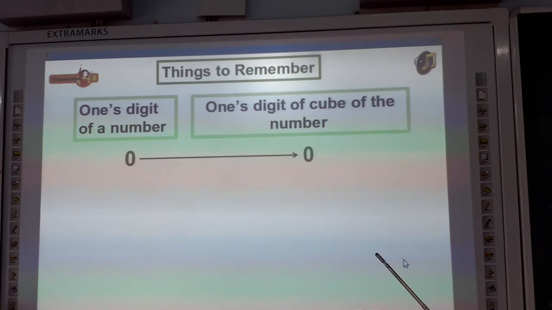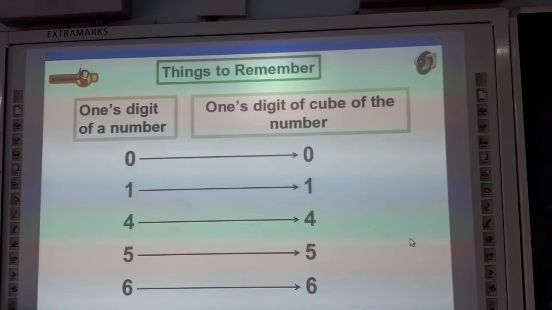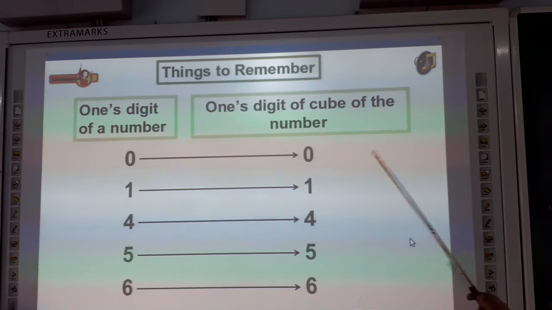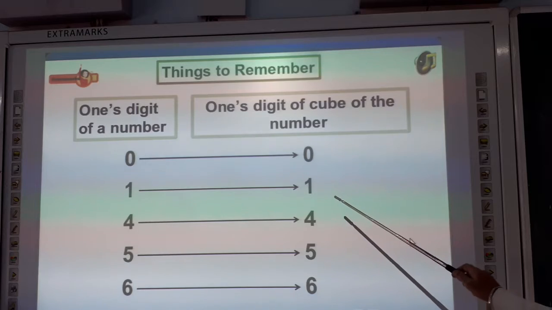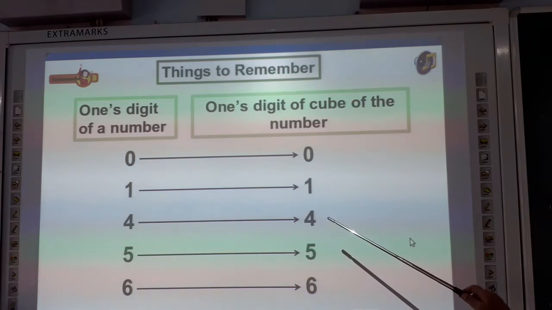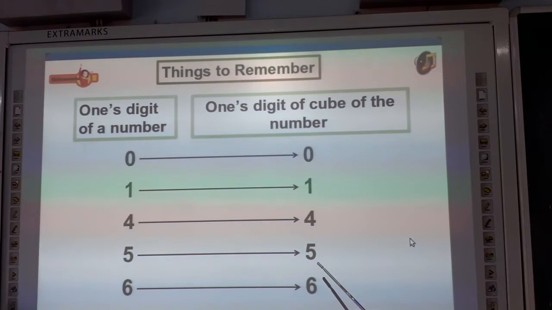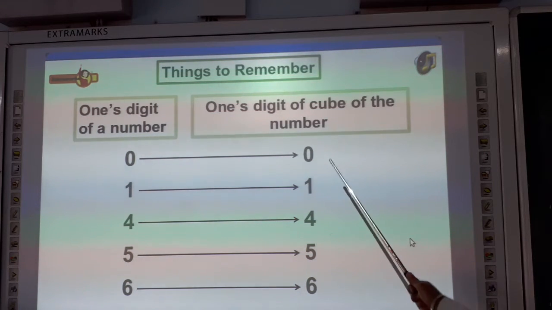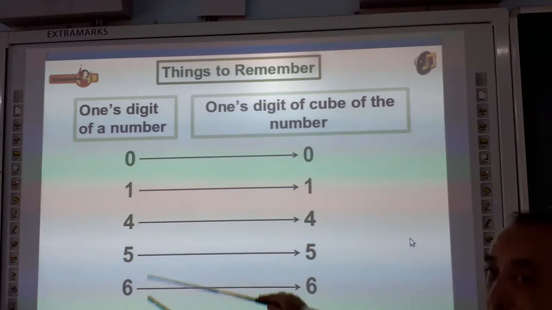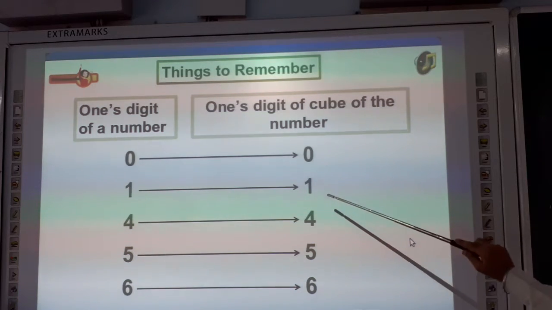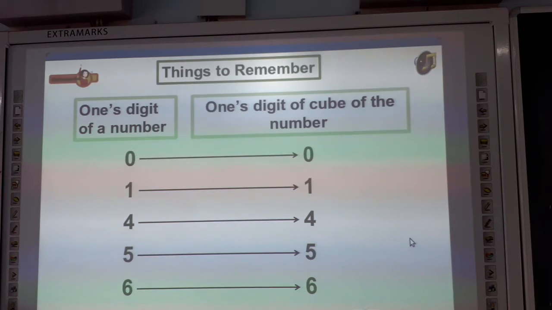One's digit of a number. Now these are the digits of the cubical numbers. First is 1, second is 4, and if there is 5, then in its cube the unit place digit will be 5. These are the unit place digits of the given number, and these are the unit place digits of its perfect cube.